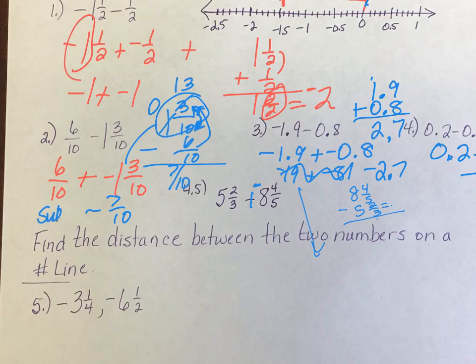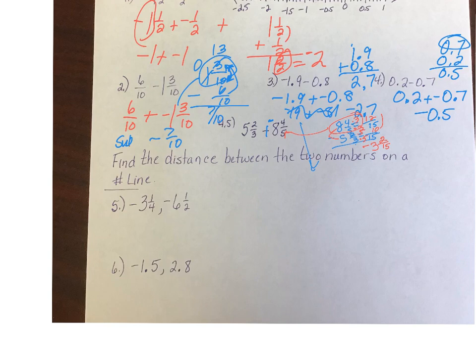When in doubt, multiply them together. I'm gonna make those 15s. And 5 times 3 here is 15, so 4 times 3 is 12. 3 times 5 is 15, so 2 times 5 is 10. Now I can subtract. 12 minus 10 is 2 over 15. 8 minus 5 is 3. Got to keep the sign of the one on top, which is negative. You have to know the rules.